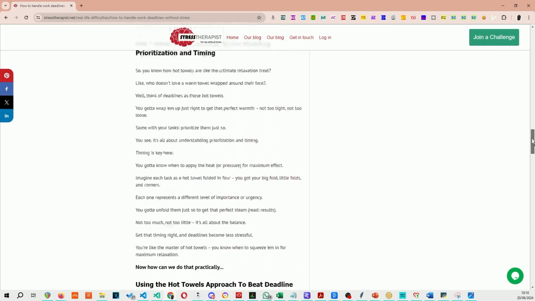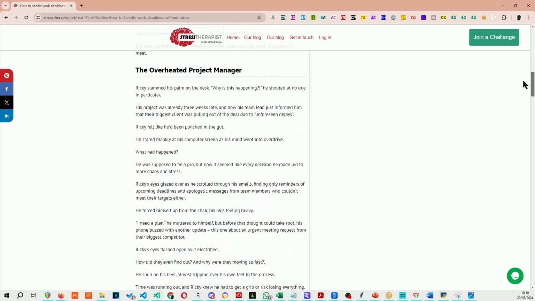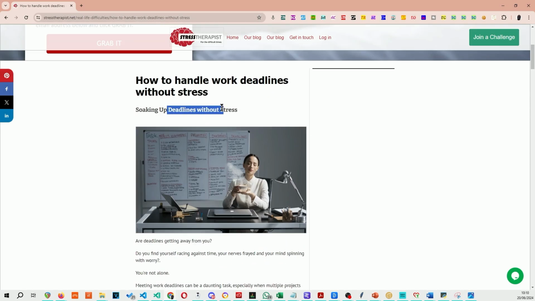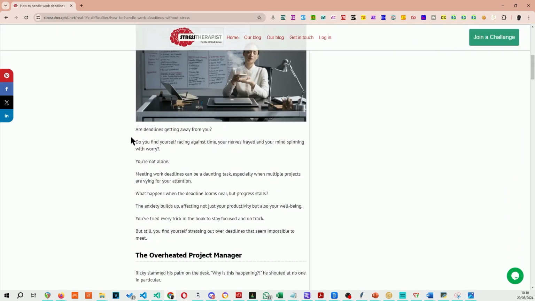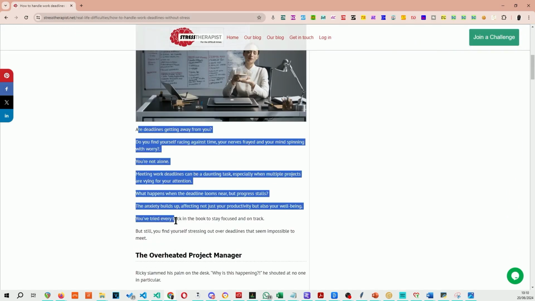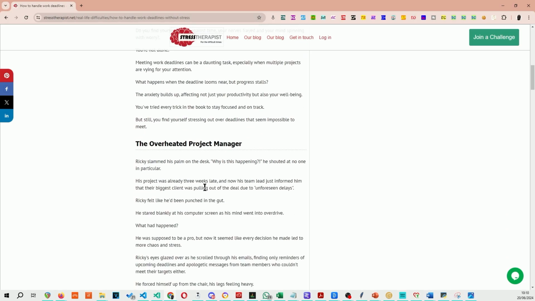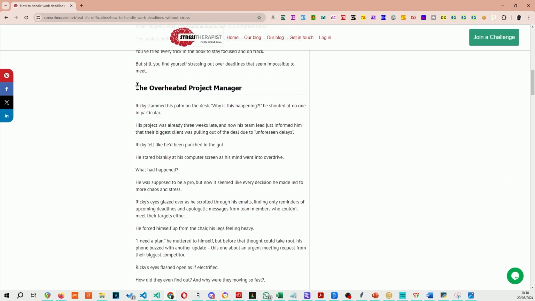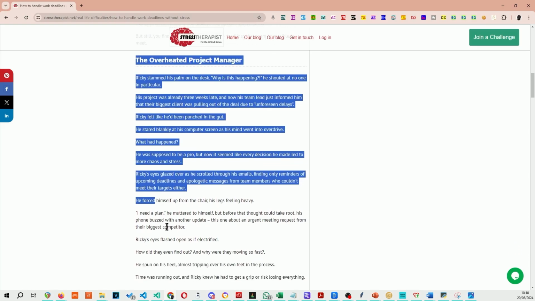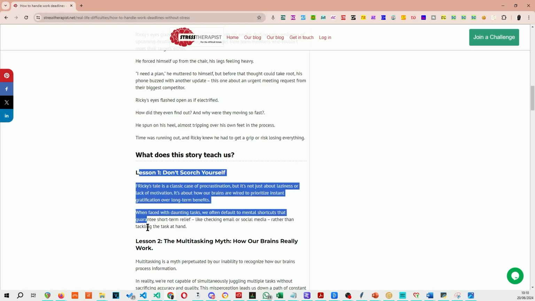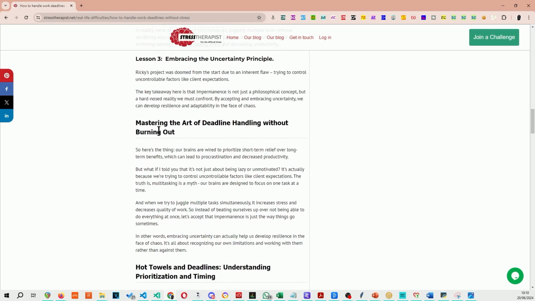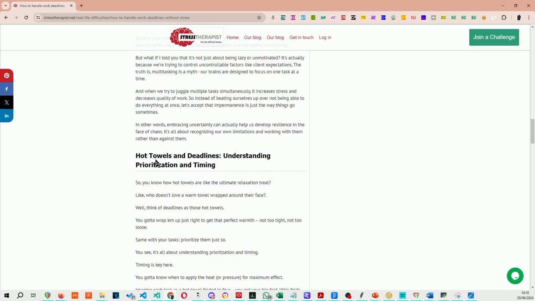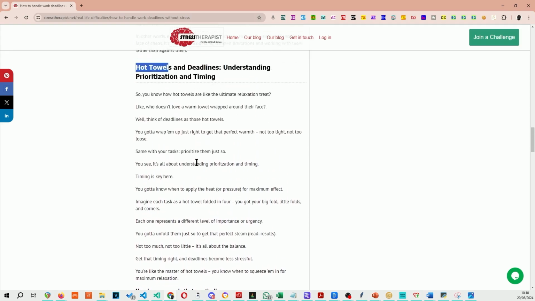So this is what we have for the article, soaking up deadlines without stress. That's the introduction, which creates a bit of a cliffhanger to make the person carry on reading, then the story, the lessons, the big idea, then the hot towel analogy that was created by the AI.